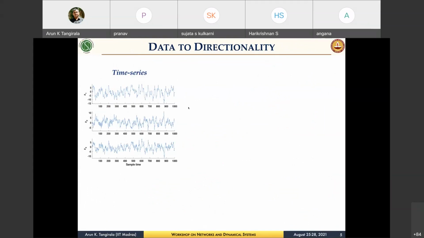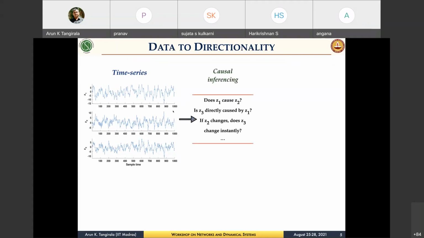So we want to move from data to directionality. That is the causal discovery problem. Now, is causal discovery always related to a network representation of the system? No, not really. Network representation is a way of representing the causal inference. So you start with, let's say, some time series data, and then you ask some fundamental questions associated with causal inferencing.